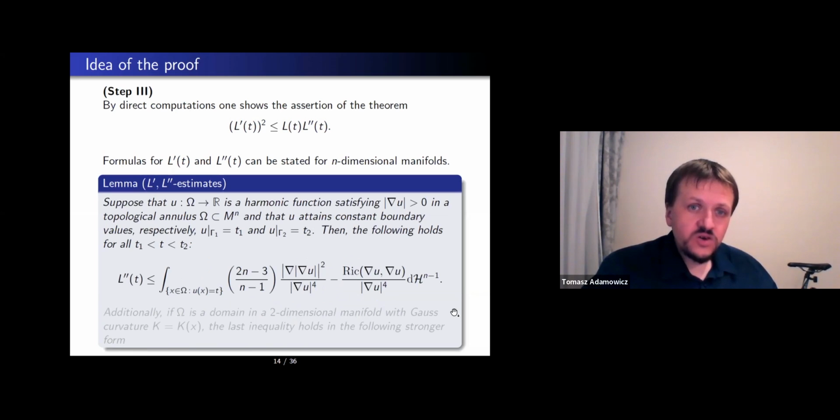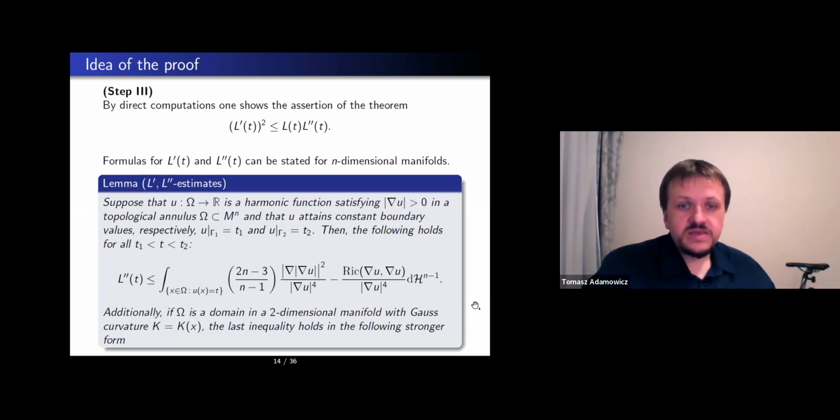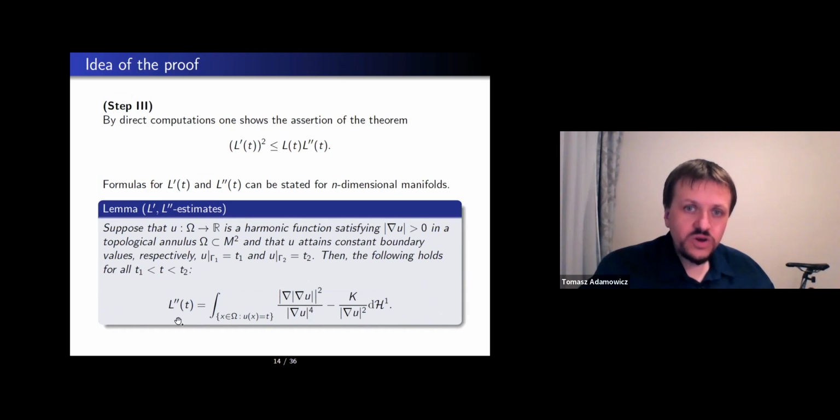And moreover, we can show the following inequality for the second derivative of L with respect to t. And if Ω is additionally a domain in a two-dimensional manifold, then this inequality takes a stronger form of equality. So in dimension 2, on a topological annulus, we have the following identity for L''.